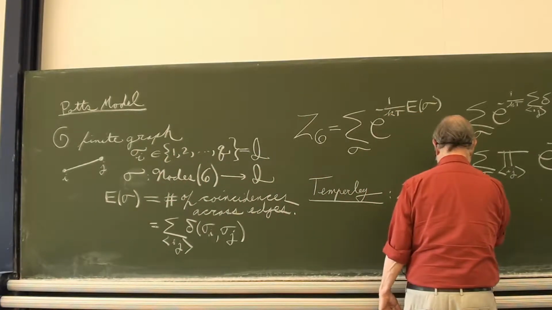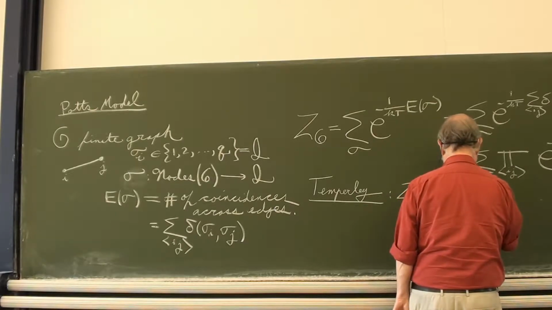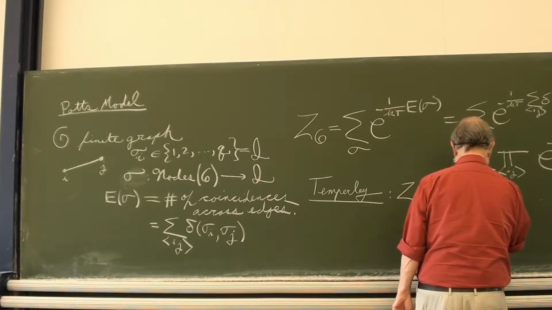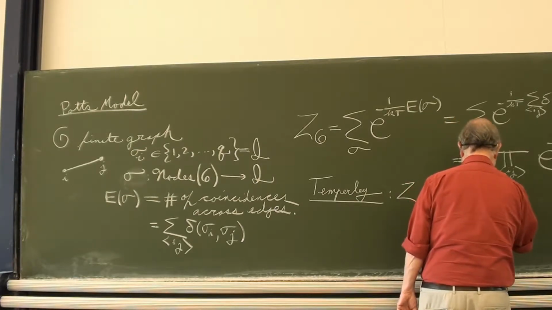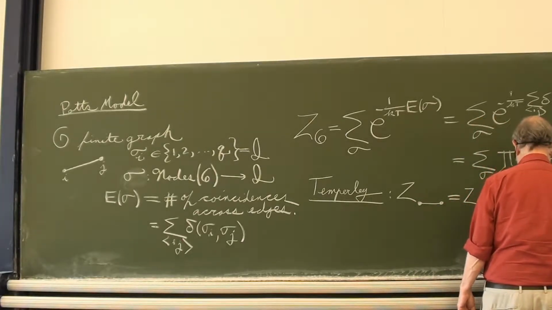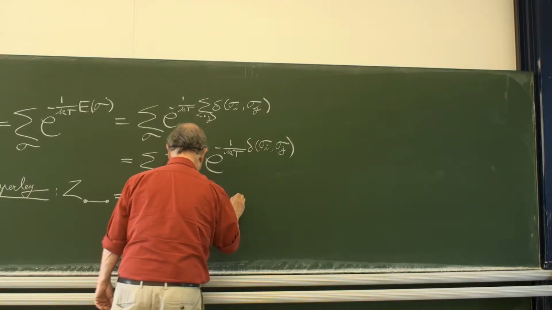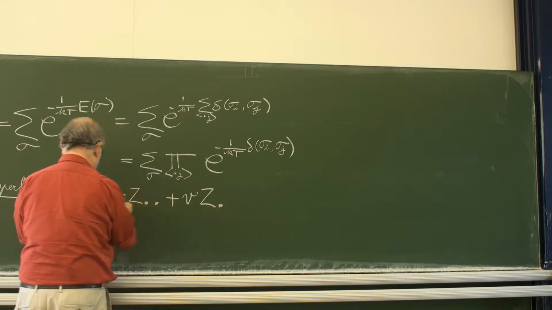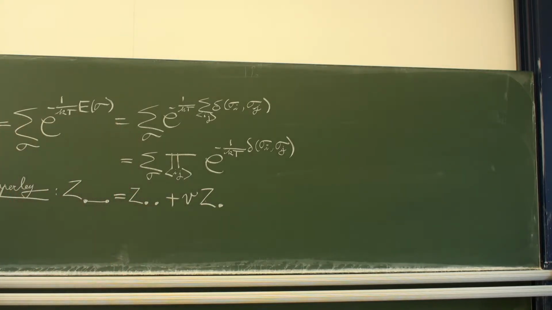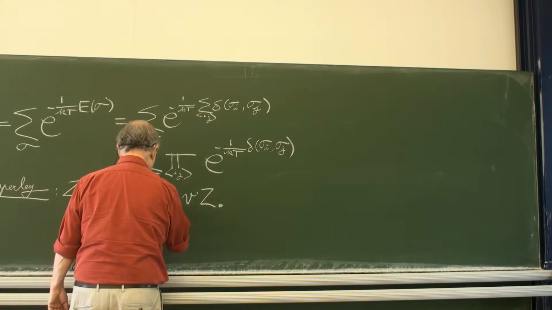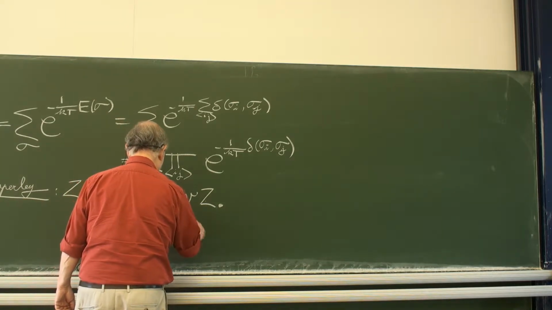And then his formula is that the Z of this is equal to the Z of the deleted graph plus v times Z of the graph that is contracted. So when you see this, it meant that the edge was contracted to a point. All right, and v is equal to e to the minus 1 over kT minus 1.